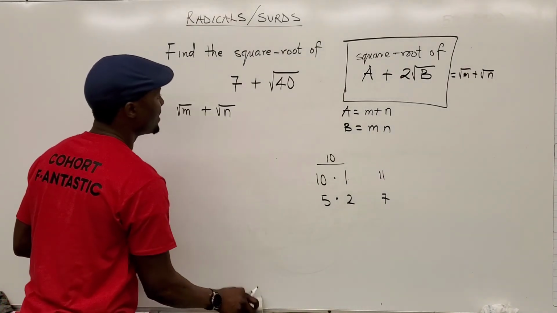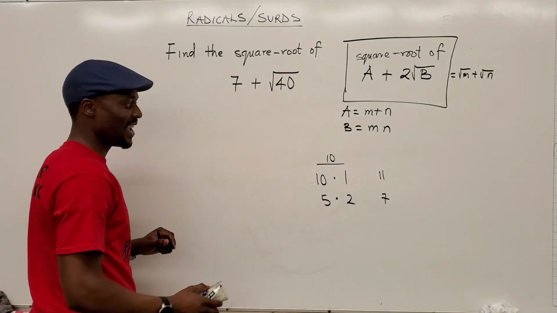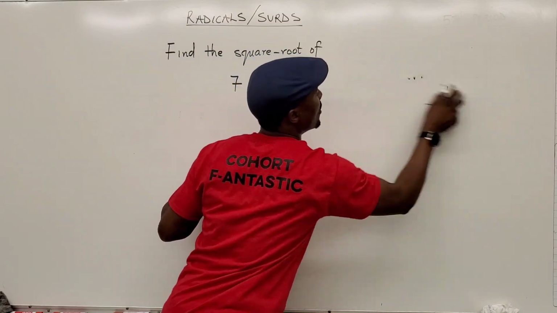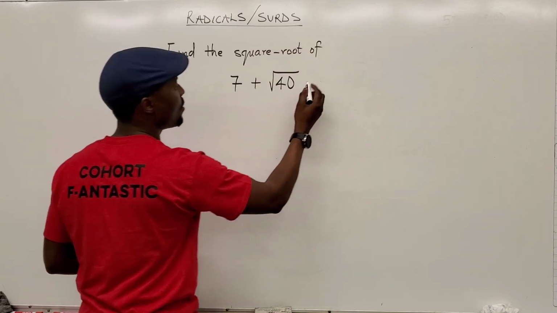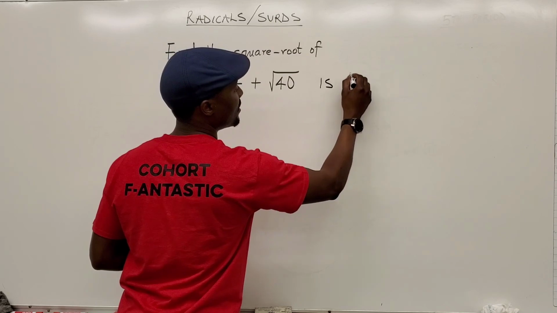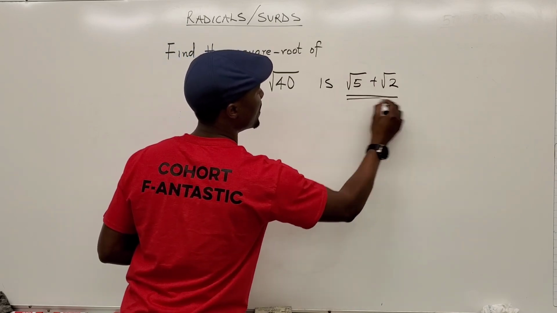So I can go back and say the square root. You see, you don't need to do any calculation if you understand this. You can transform any question. So the square root of 7 plus the square root of 40 will be equal to square root of 5 plus square root of 2. You are good.